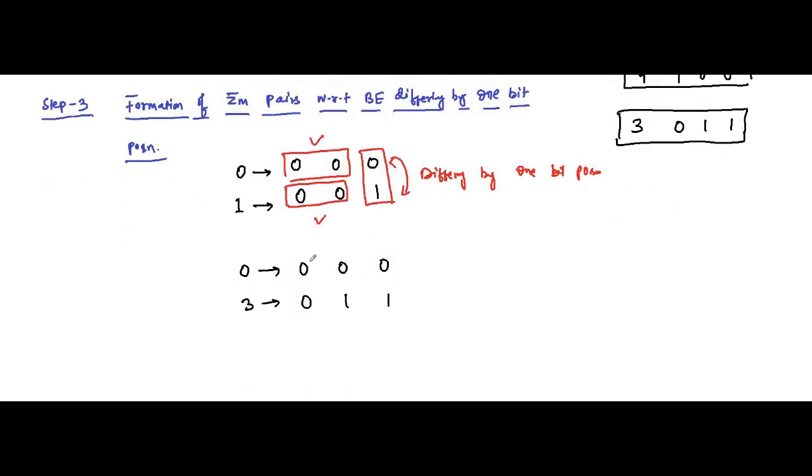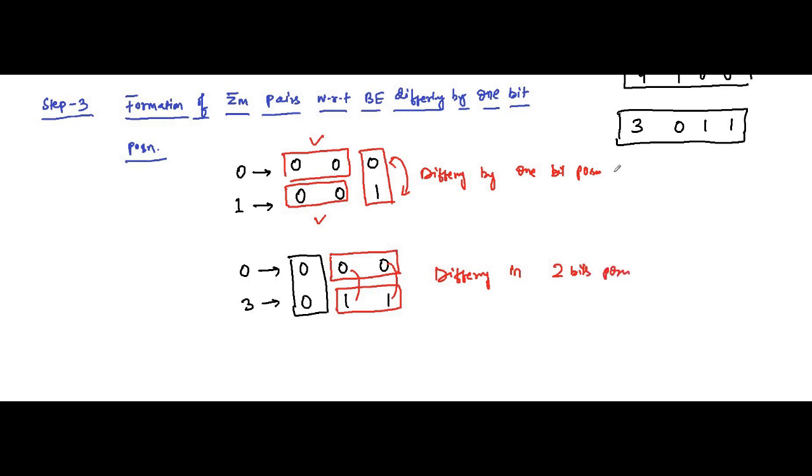Here if we compare these two, the MSB bits are the same, but the middle bit and the LSB bit are different. Here it is 0 0, here it is 1 1. They are differing in these 2 bit positions. So here it is differing in 2 bit positions.